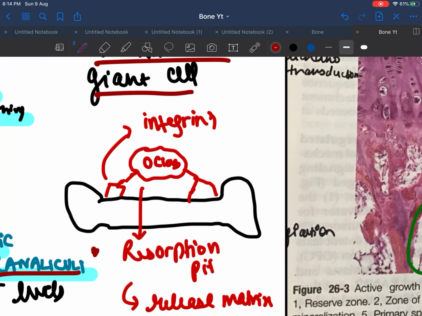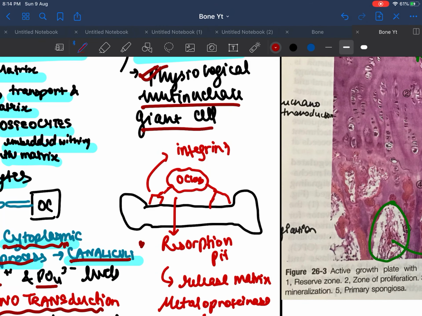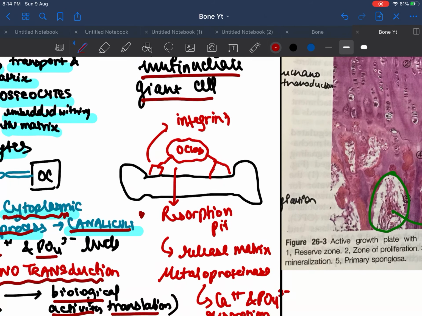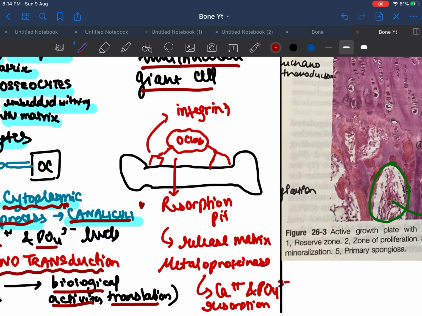We know that the osteoclast is a bone eating cell, so how does it actually eat the bone? The osteoclast on its surface has processes known as integrins. These integrins attach to the surface, and they form a resorption pit. In this resorption pit, the osteoclasts release matrix metalloproteinases.